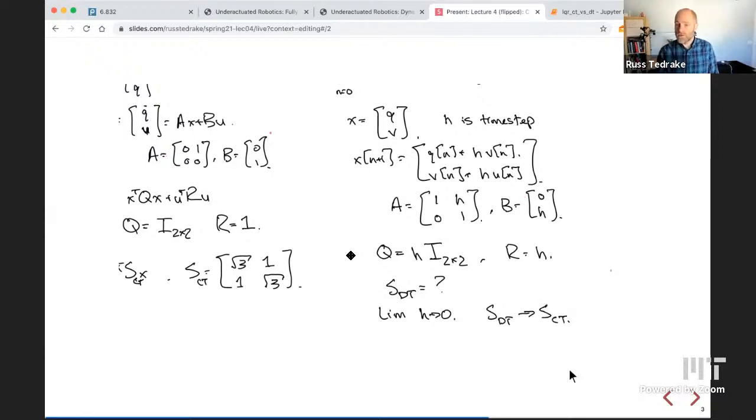That is true. But there's something else we're going to find out is true, that S_dt for all h greater than 0 is strictly greater than S_ct.